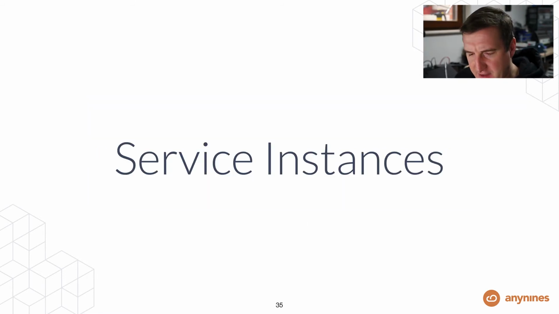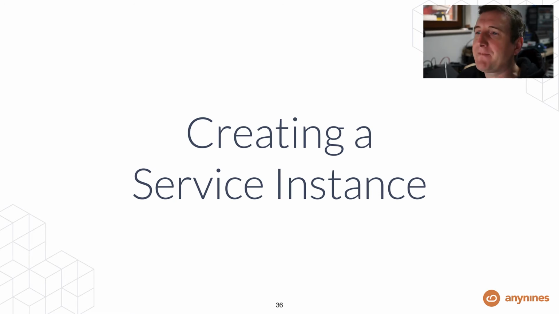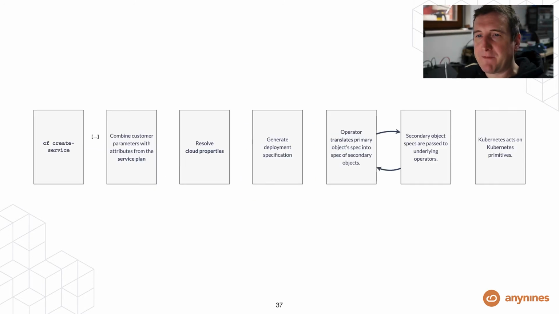But first things first, let's talk about how would you do a service instance? How would you create a service instance in particular? So there's also the problem, how would you update an instance? But as we're limited in time, we'll stick with creating service instances for now.